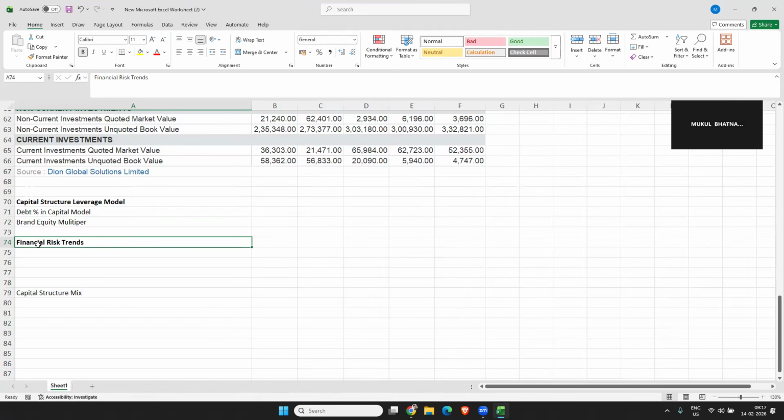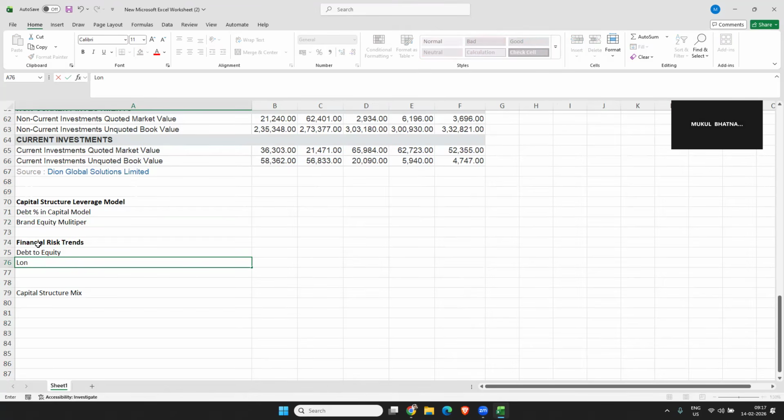In financial risk trends, the first thing that we will calculate is, everyone is aware of its calculation, debt to equity ratio. The second thing that we will calculate is long term debt ratio. This ratio is necessary to be calculated for understanding the structural risk.